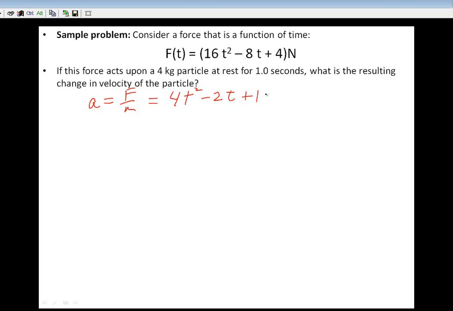Now to get from there to the velocity, what do I do? Integrate. So 4t squared will become what? 4 thirds.